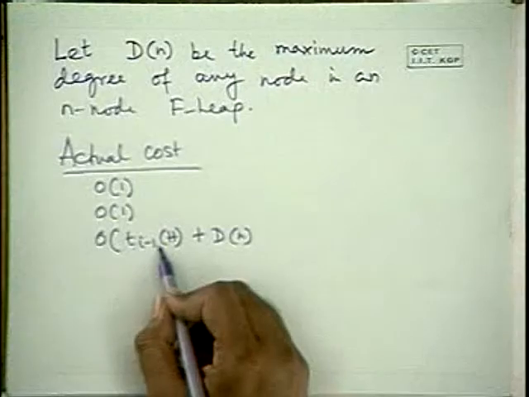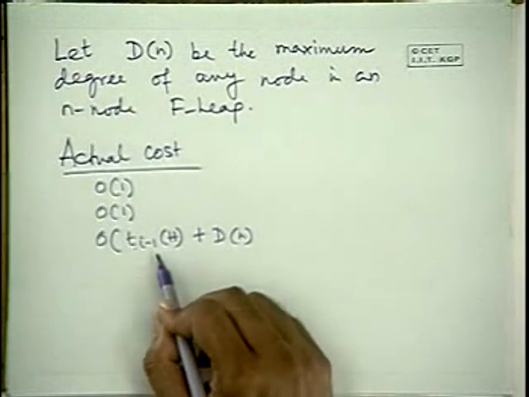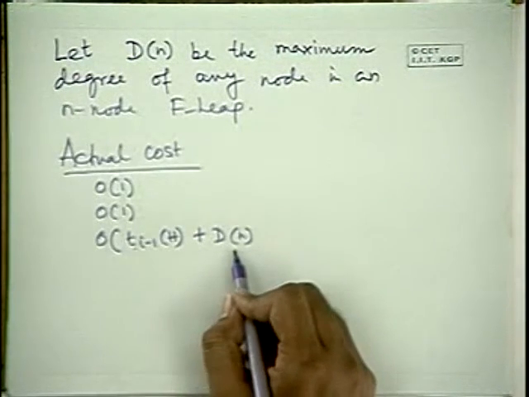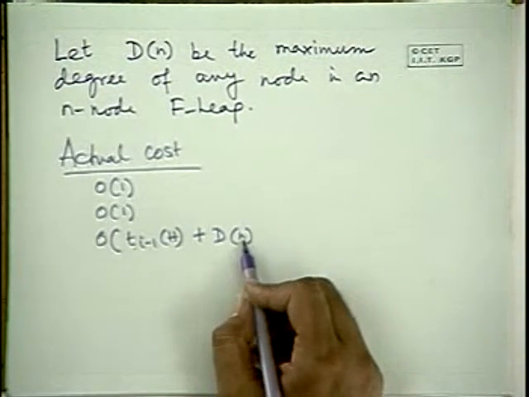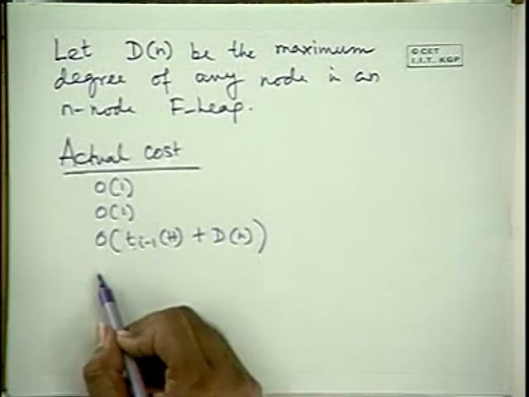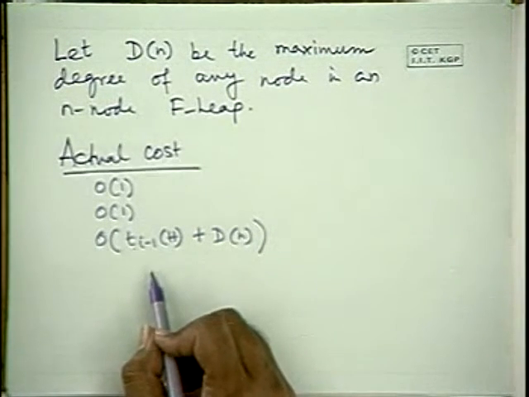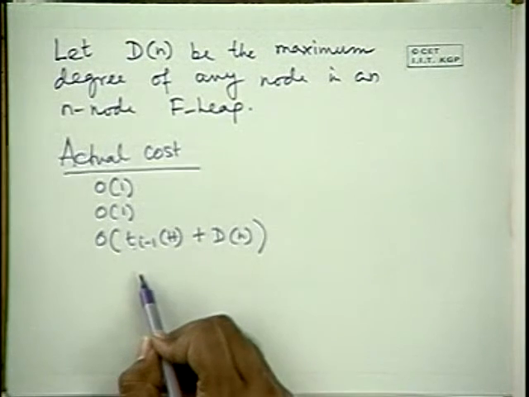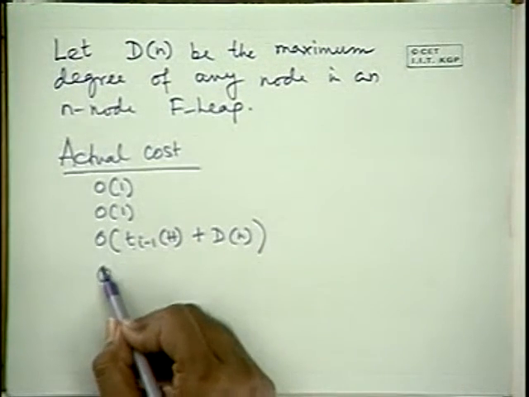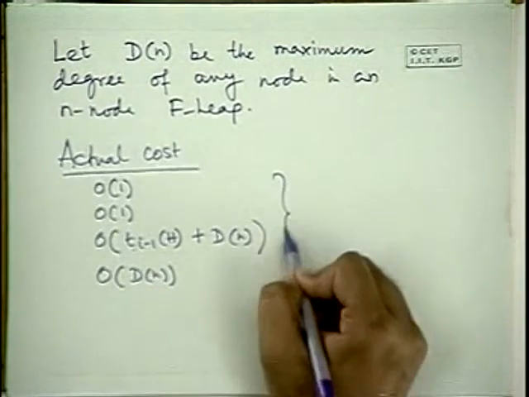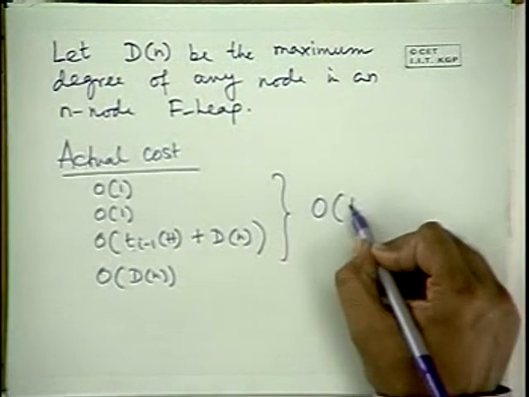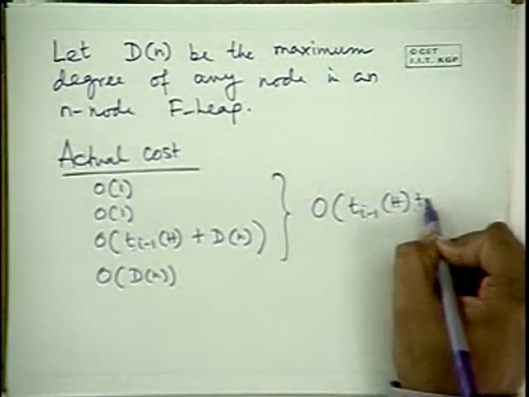That guides the total complexity of step 3, because Ti minus 1 of h plus dn is the total number of root nodes before you started linking. It cannot be more than that. And step 4 is checking all the root nodes after linking to find the minimum, and I already told you this is not more than dn. So the total actual cost is order of Ti minus 1 of h plus dn.